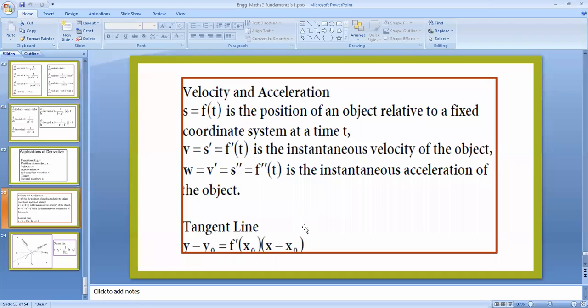That is y minus y1 is equal to m times x minus x1. Okay, so same is here. f dash of x naught is the slope of the line. Am I right? That is called the tangent. So y minus y naught is equal to f dash of x naught into x minus x naught.